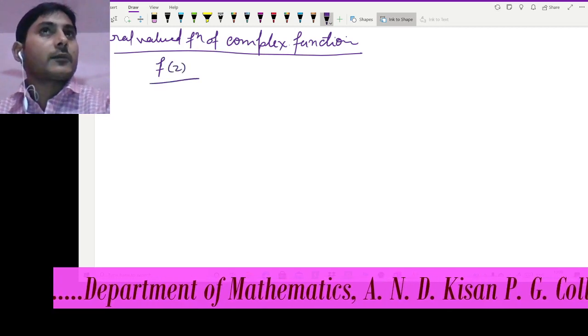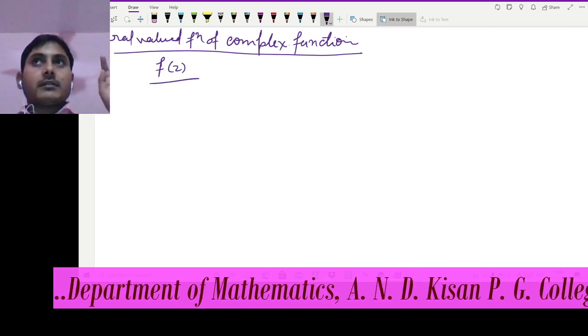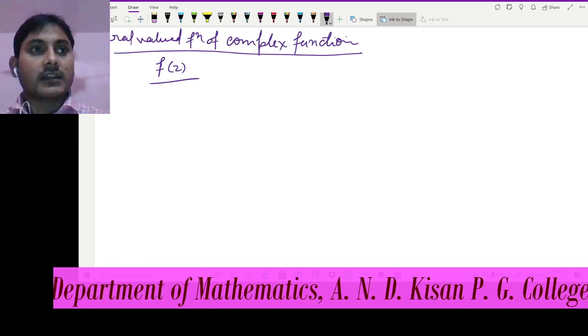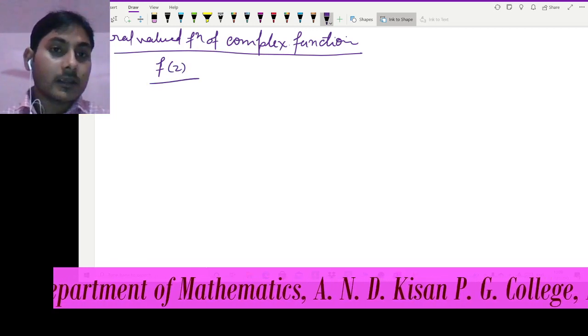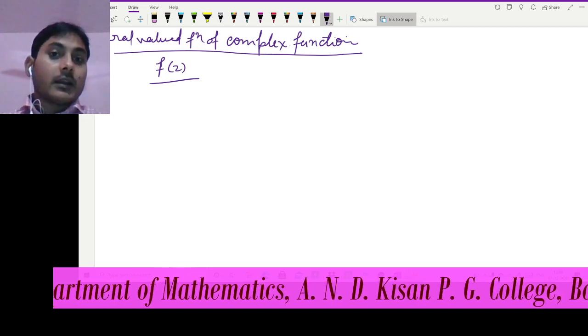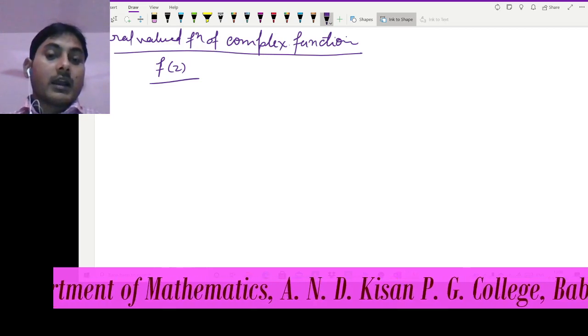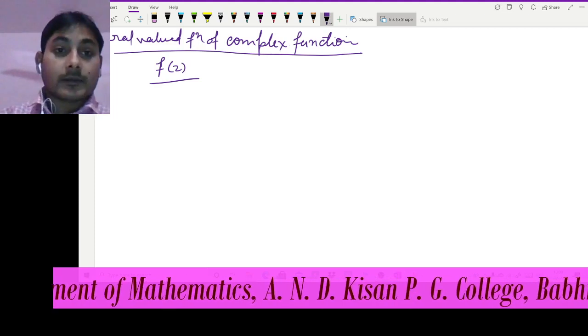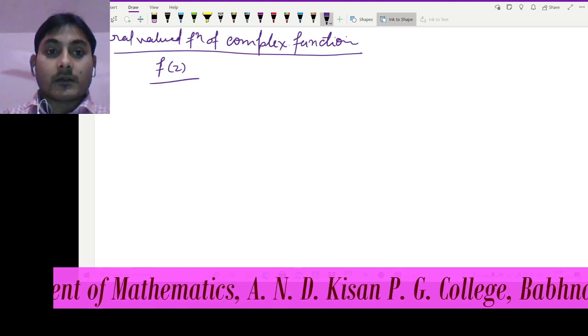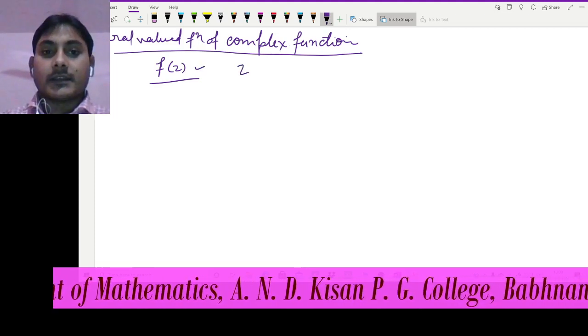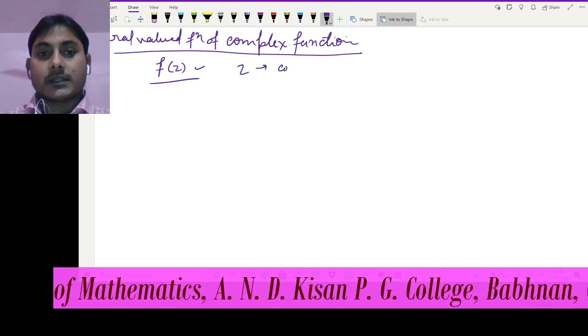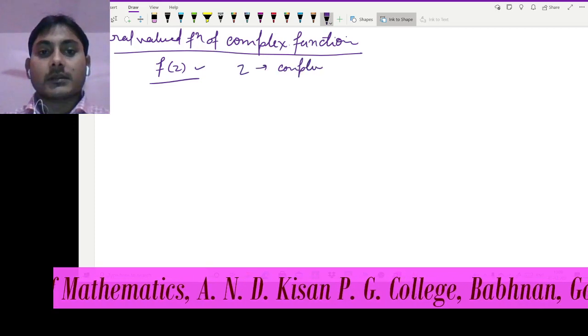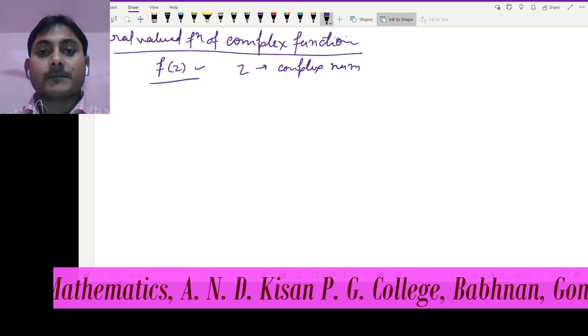Here, once you consider f of z, it will be a real quantity, and z is here a complex number.